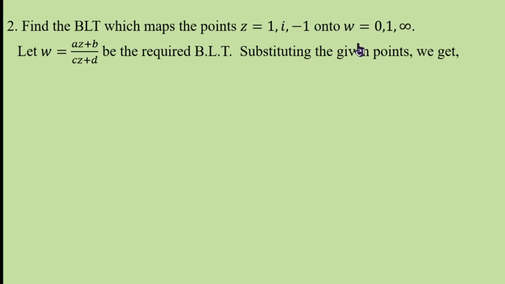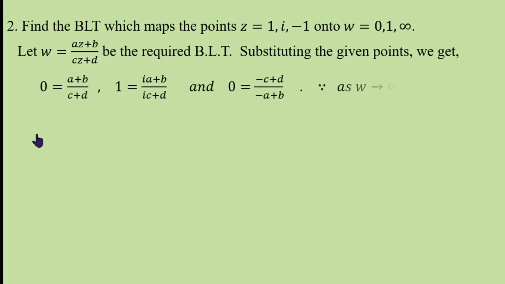Substituting the given points, W is 0, so 0 equal to (A into 1 plus B) by (C plus D), that is 0 equal to (A + B) by (C + D). And 1 equal to (iA + B) by (iC + D). And when W is infinity, take its reciprocal, 1 by W is 0.